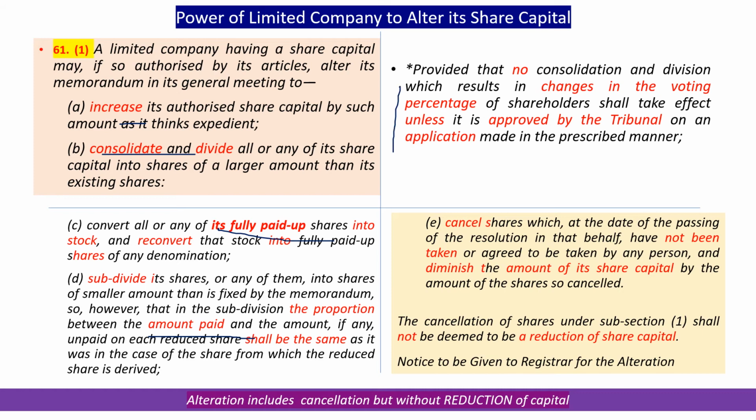And if there is any change in the rights and voting percentage, it must be approved by the tribunal. And cancellation or diminishing the amount of capital can also be worked out, and it shall not be attracting the provisions of reduction of capital, but notice has to be given to the registrar for alteration.